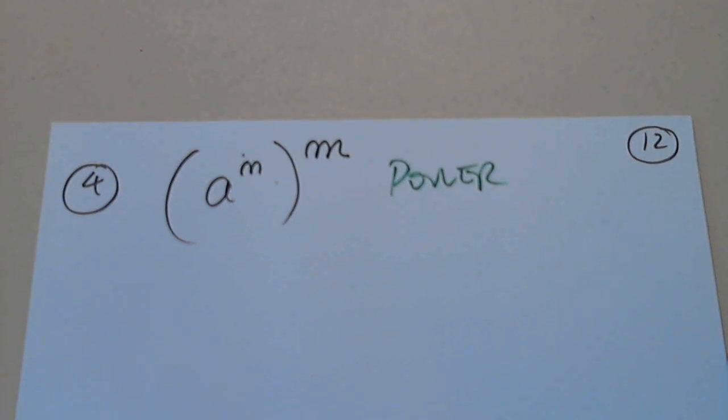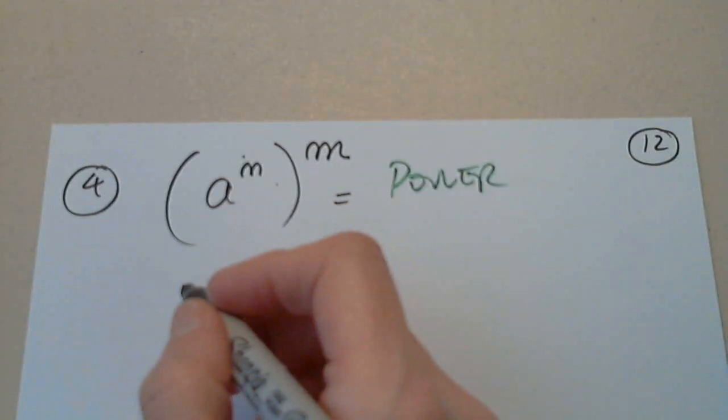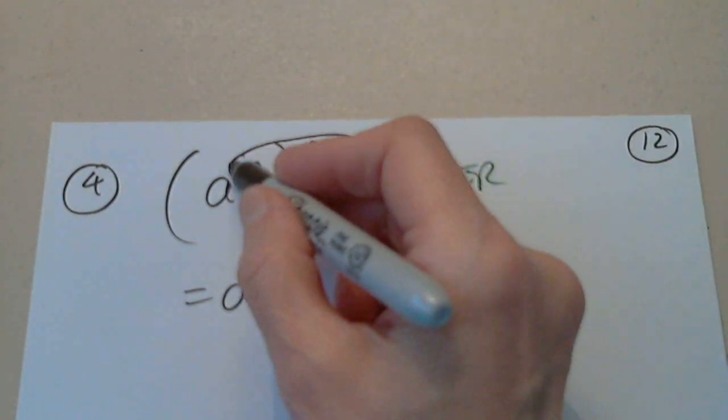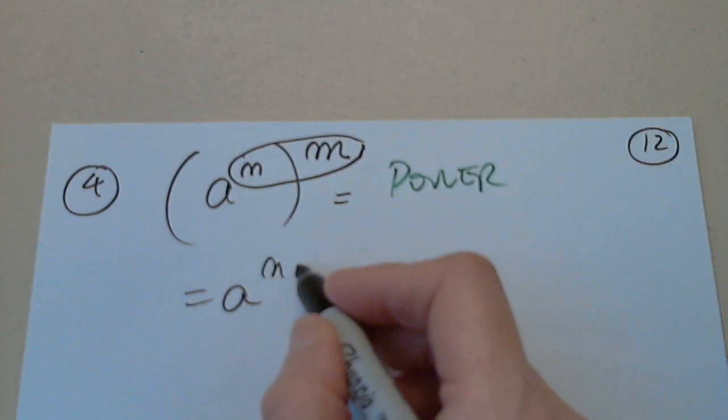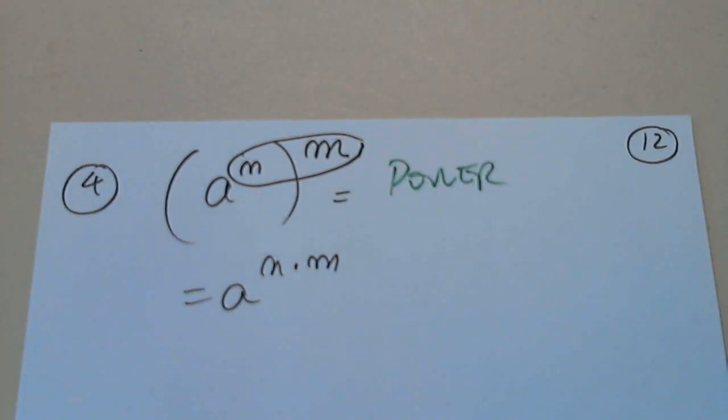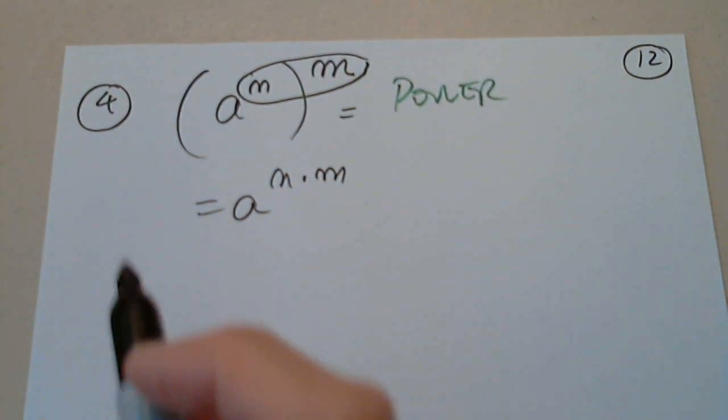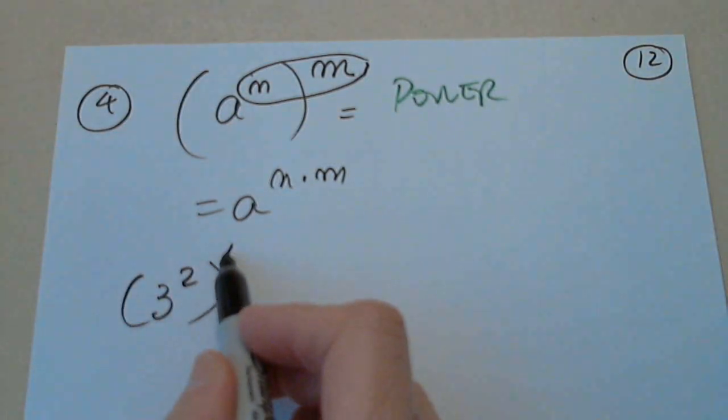In this particular case, we copy the base and we multiply the exponents. Here's an example: 3 squared raised to the 4th power.